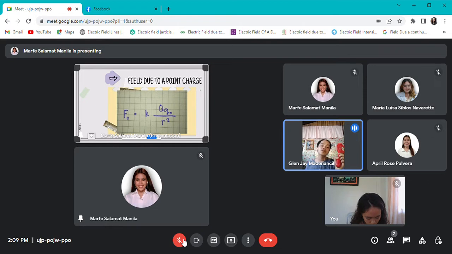What is the value of the Coulomb constant?